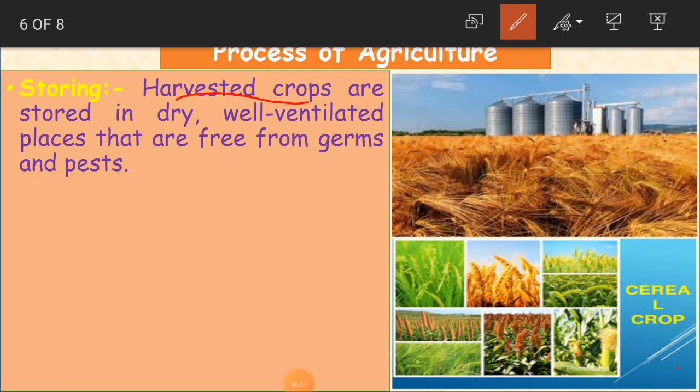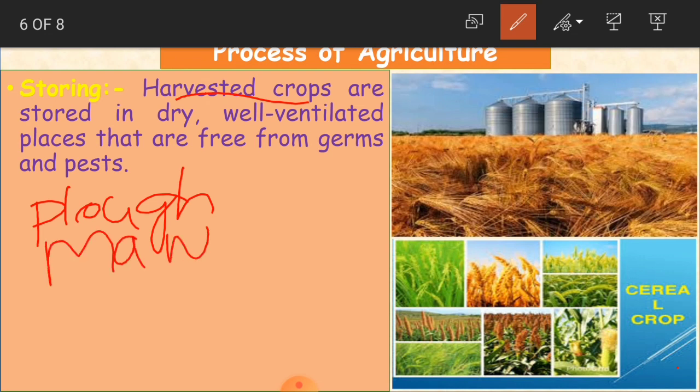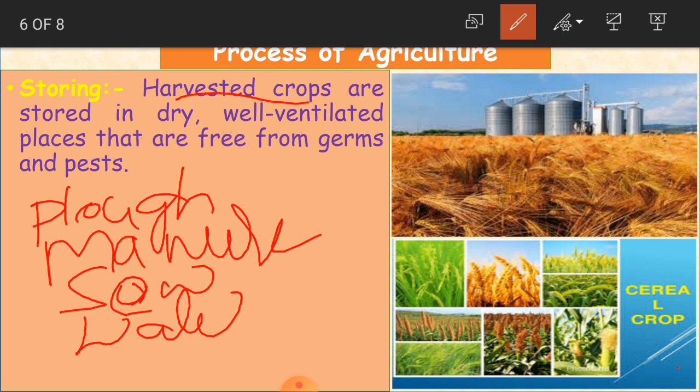This is how the process of agriculture goes on. So let us revise. First, what did we do? We plowed the field. Then what do the farmers do? They pour manure or fertilizers, and then they sow the seeds. After that, they water it, that is irrigation.